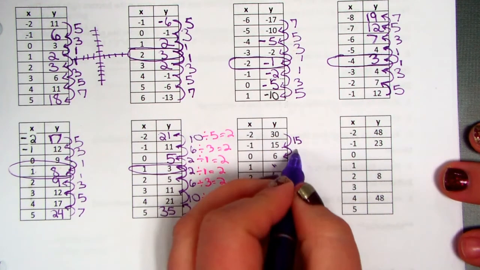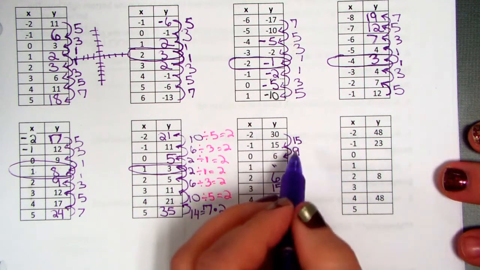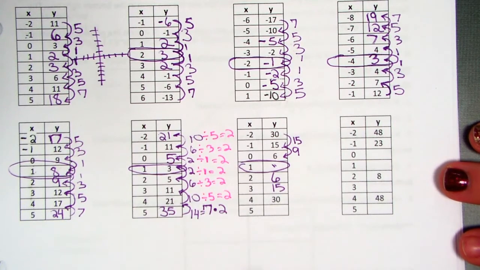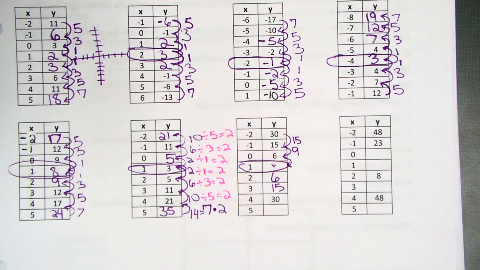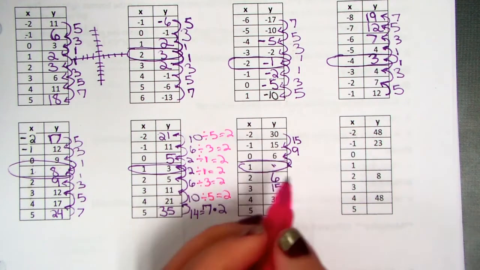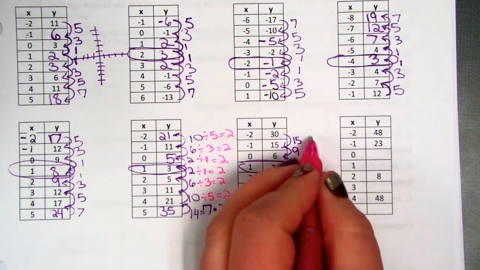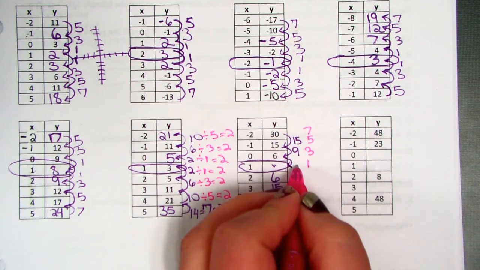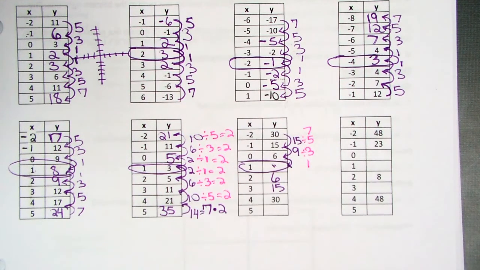And this is my vertex. So the distance between here and here normally is supposed to be 1, 3, 5, 7, but it wasn't 1. That means there's an A value, and that A value was 3.